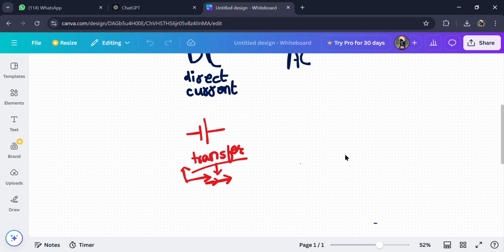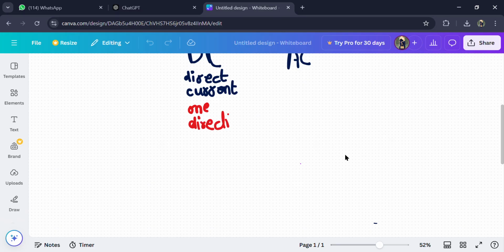This is where the concept of directional current comes in: current that has more than one direction. Electrons that are moving in one direction are known as DC current, direct current.